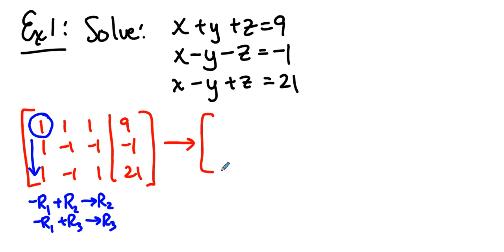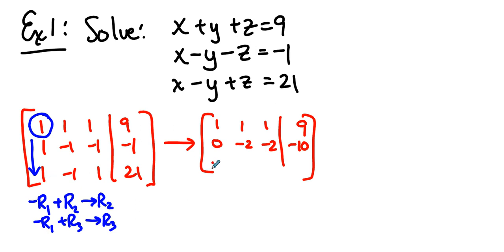So row 1 stays the same. Row 2: -1 plus 1, -1 plus -1, -1 plus -1, -9 plus -1.